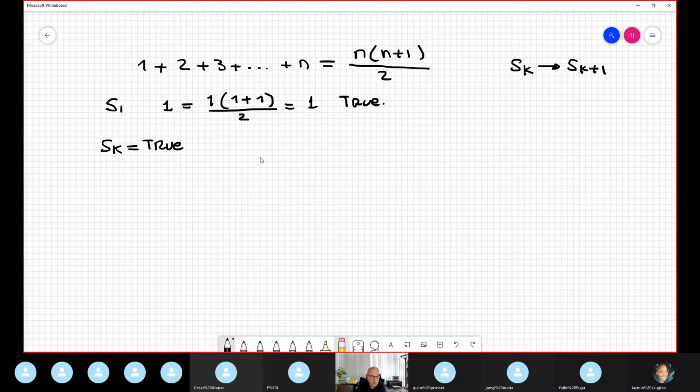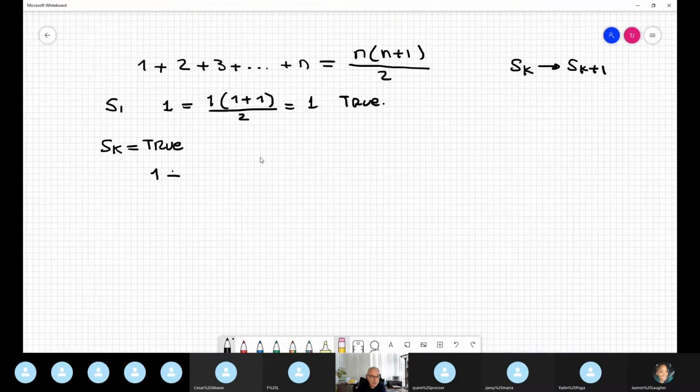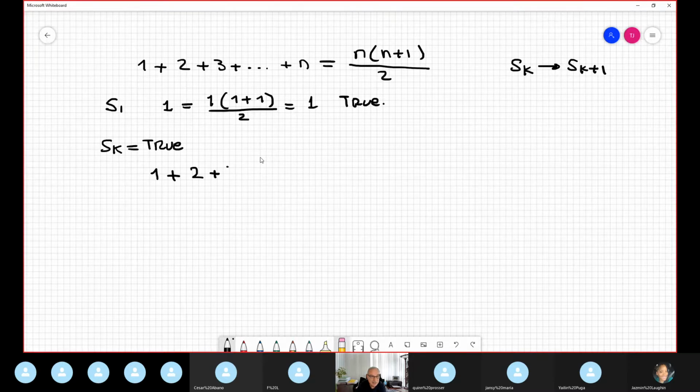So the only thing to do is copy exactly the same, but you don't put n, you put k, under the consideration that k is an intermediate value in the line of the domino pieces.